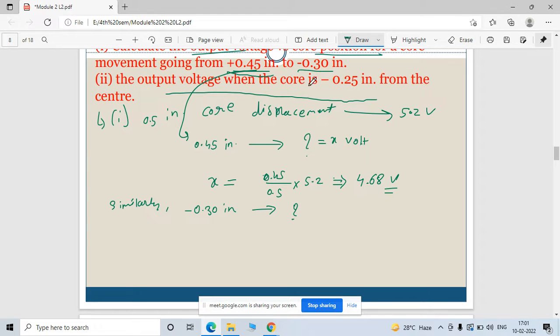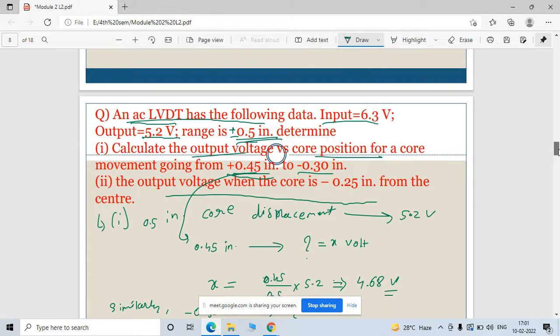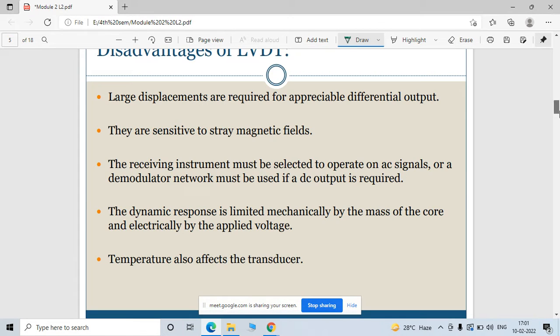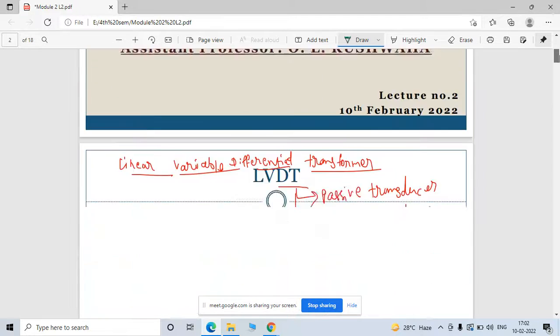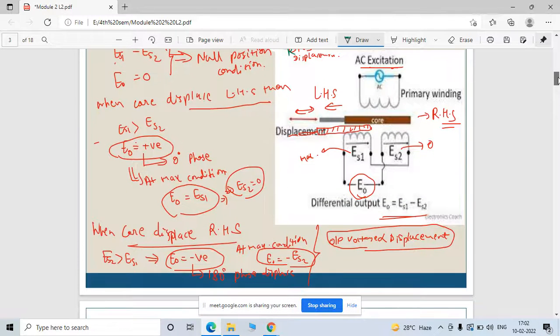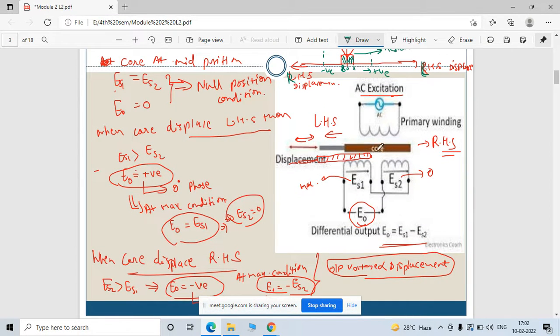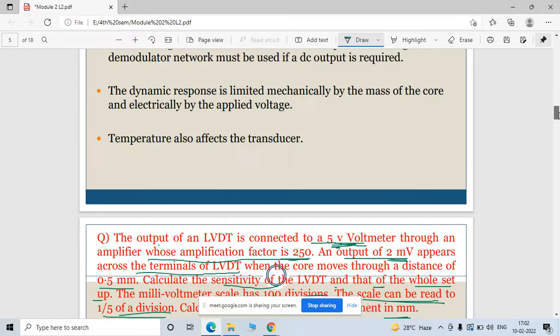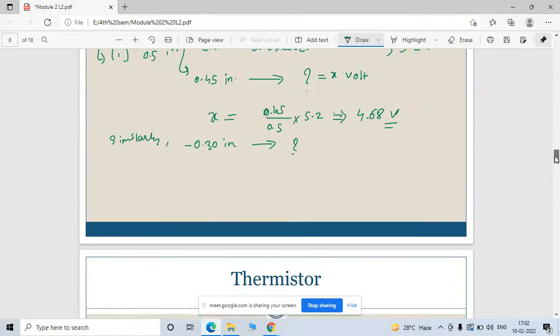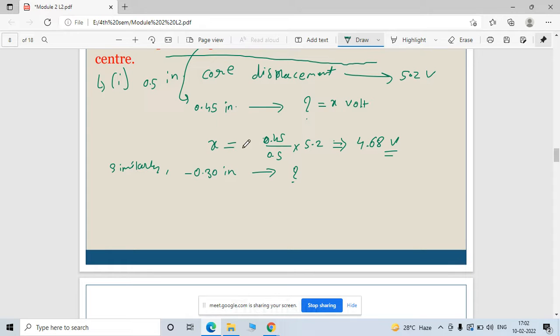Now see, this displacement is negative, so your voltage may come out negative, right? Because see here, the LVDT location, the core is in the middle. It can move to either side, so your output voltage may be positive or negative, as we checked earlier. Here also, in the same way, you need to find the relation by taking the ratio of these things.